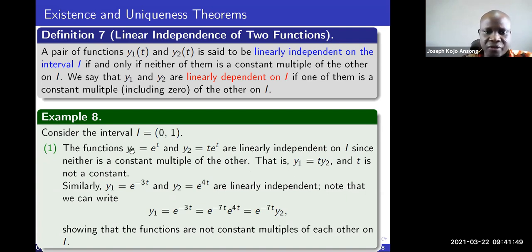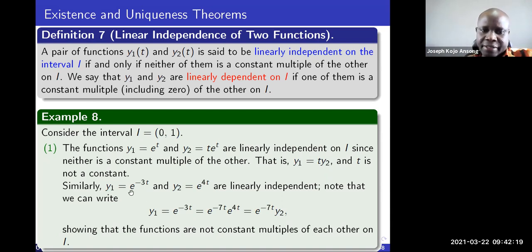For instance, actually it is the opposite here. This should have been y2. y2 is equal to t times y1. In any case, you cannot take a constant, multiply by one of them to get the other one. So none of them is a constant multiple of the other one. Because of that, these two functions are linearly independent.